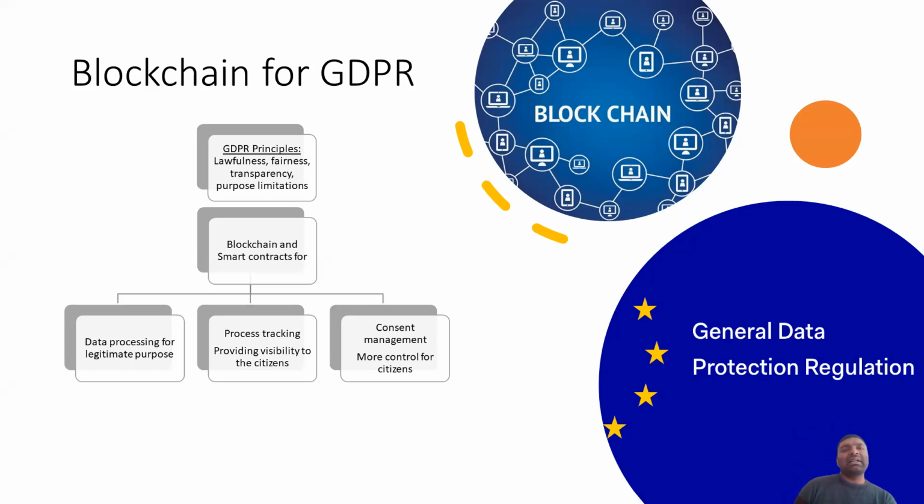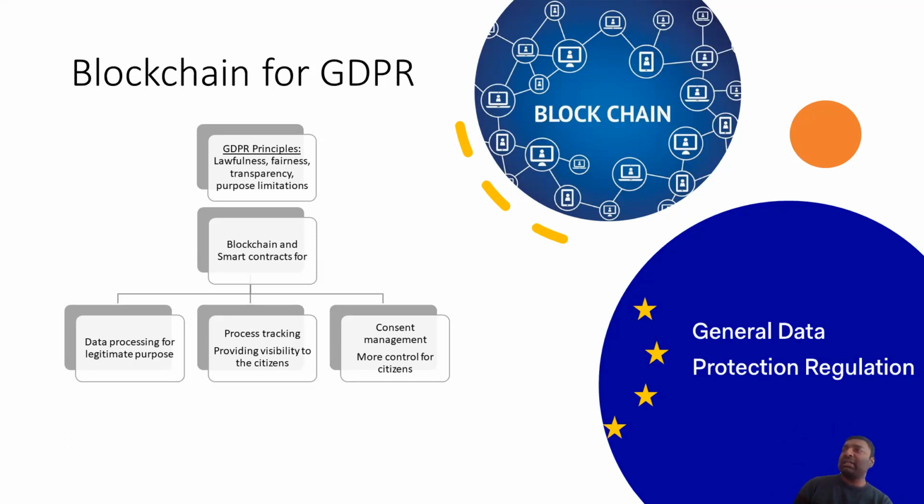So we have just discussed that there are several GDPR principles like lawfulness, fairness, transparency, purpose limitation. If you think about these principles, you could see that they are actually very much aligned with blockchain. And blockchain basically does exactly the same thing.